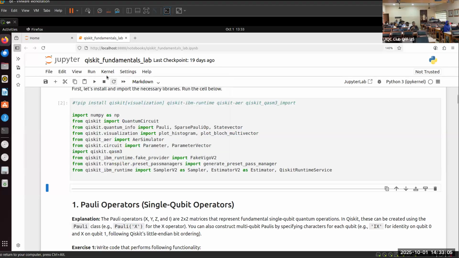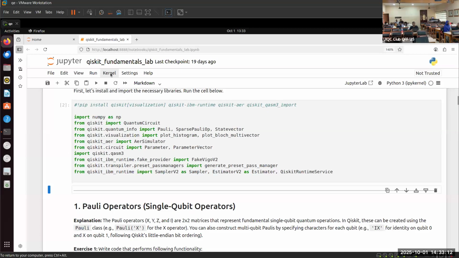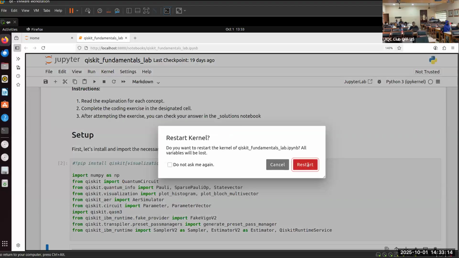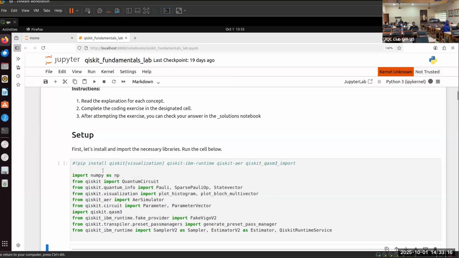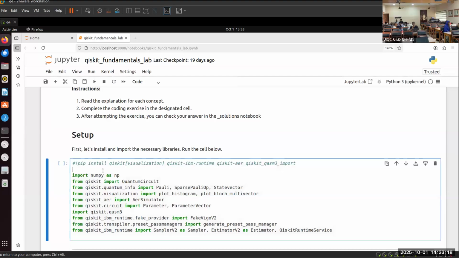I'm going to interrupt the kernel, stop it, and start again now. I want you to observe how long it will take before something appears in the bracket, and to see how it changes. This is very important.